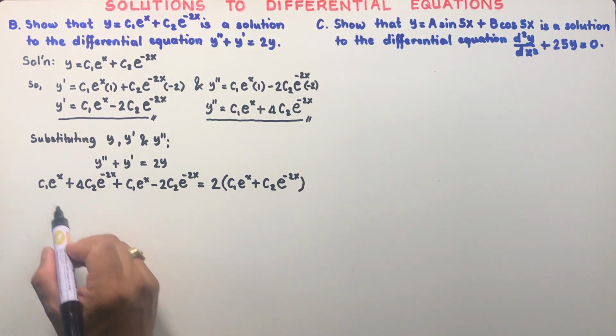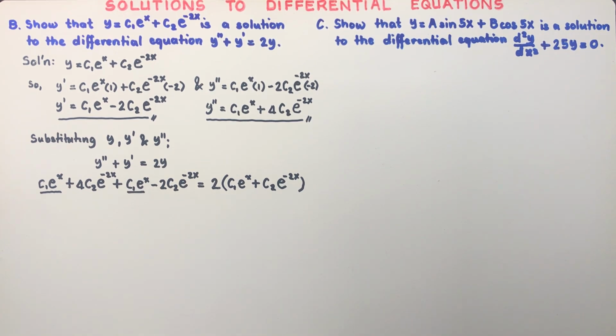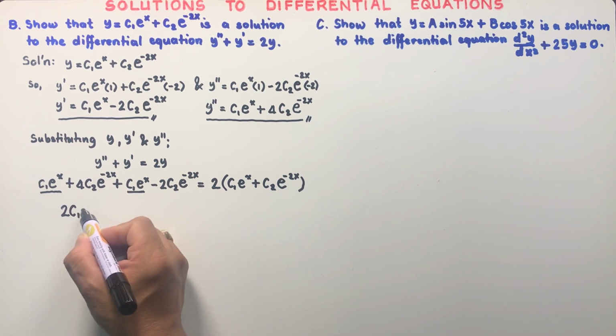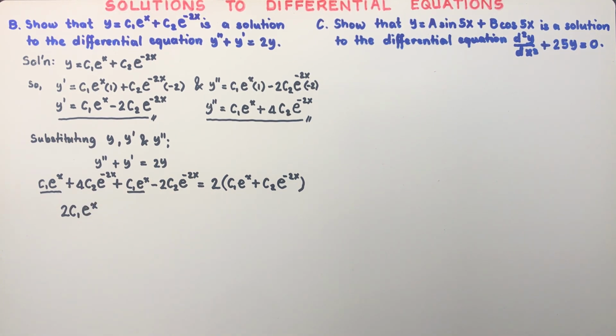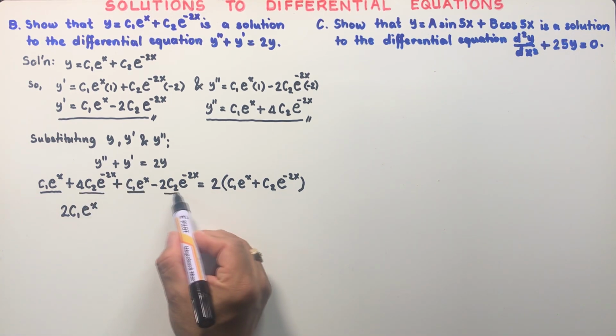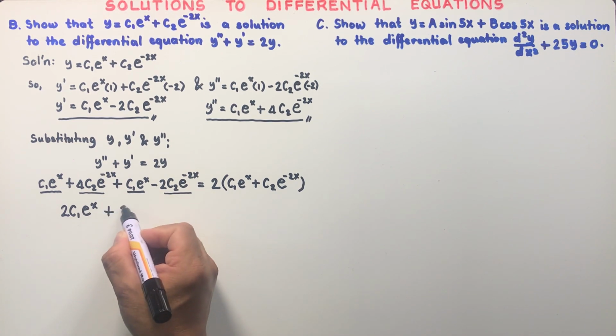And you can combine similar terms, this one and this one, which is 2c sub 1 e to the x. And also you can combine this one and this one. So 4 minus 2 is positive 2.